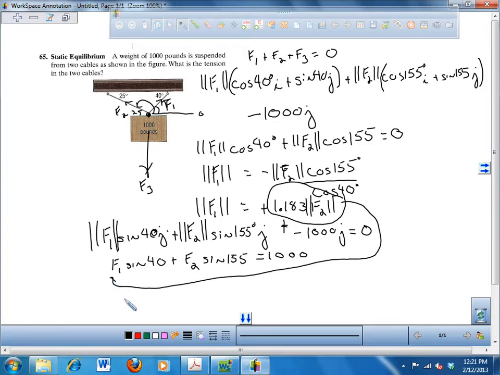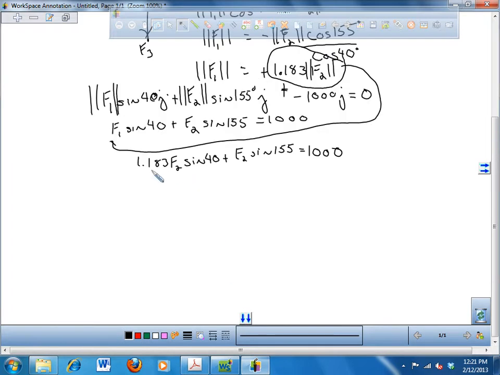So now I get that 1.183 force 2 times the sine of 40, plus force 2 times the sine of 155 equals 1,000. Did I mess something up? I don't think so.